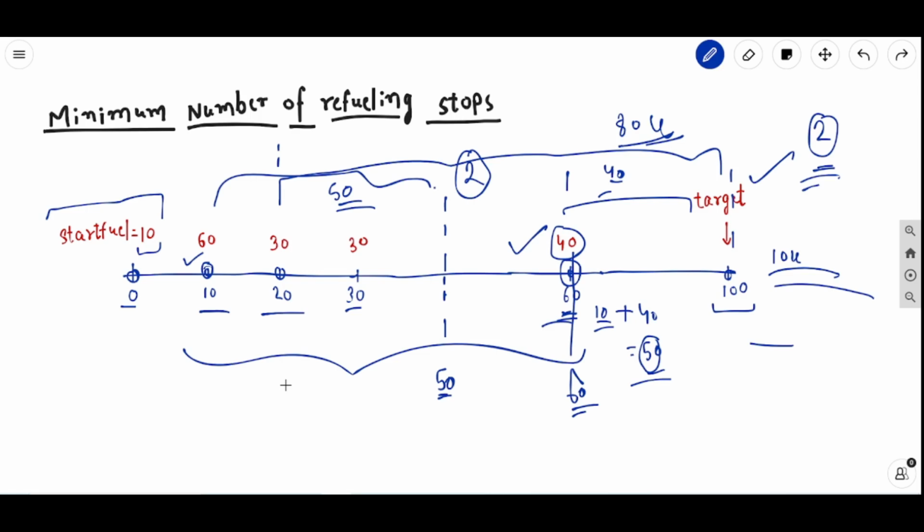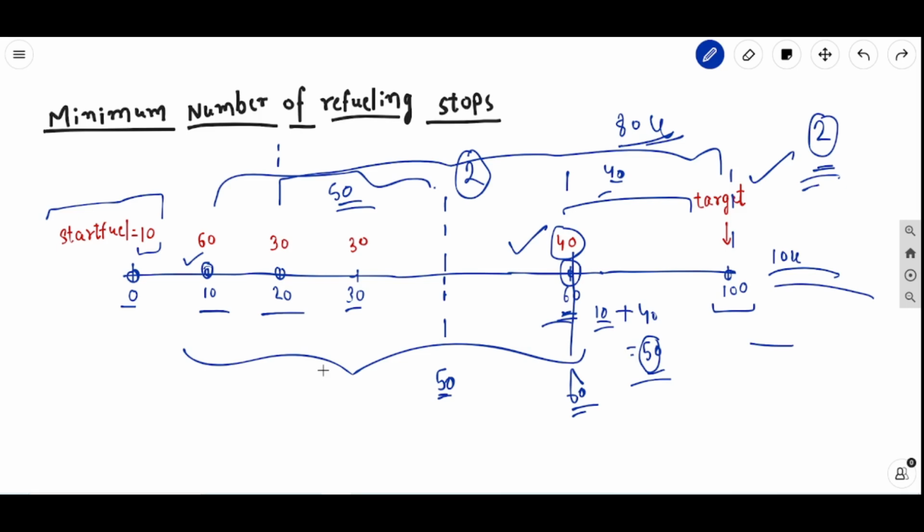Fine, because if I want to minimize the number of gas stations which I choose, then I have to choose those gas stations which offer the greatest amount of fuel. That's the simple strategy to solve this problem.